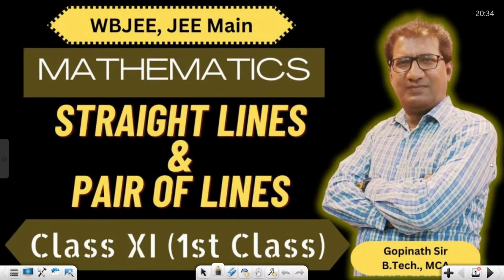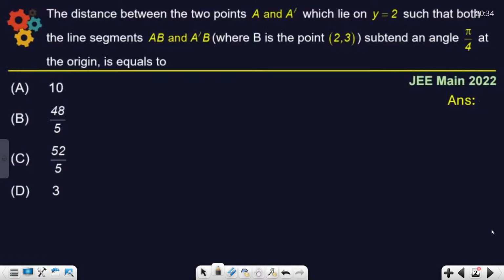If you can remember, in the first part of the first class, I gave you one problem in your homework. The question was something like this. It has been said that the distance between 2 points A and A dash which lie on y equals 2.